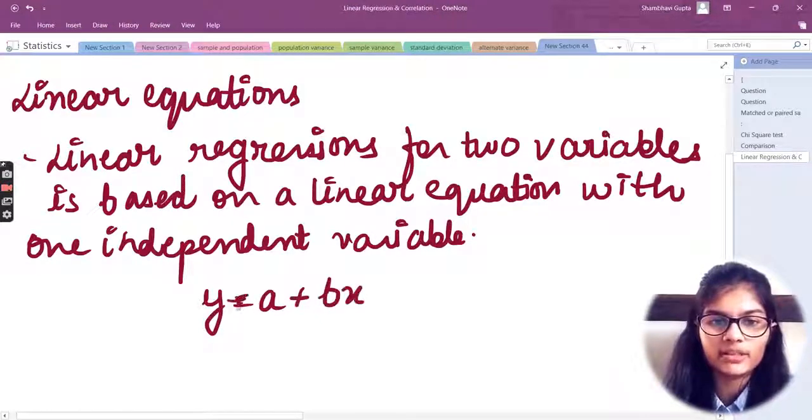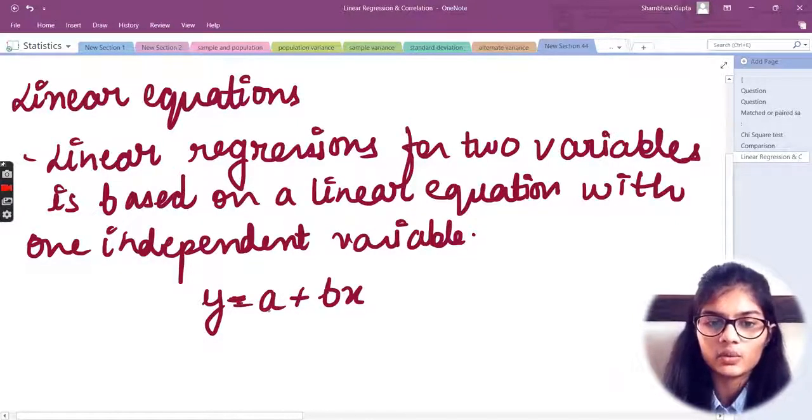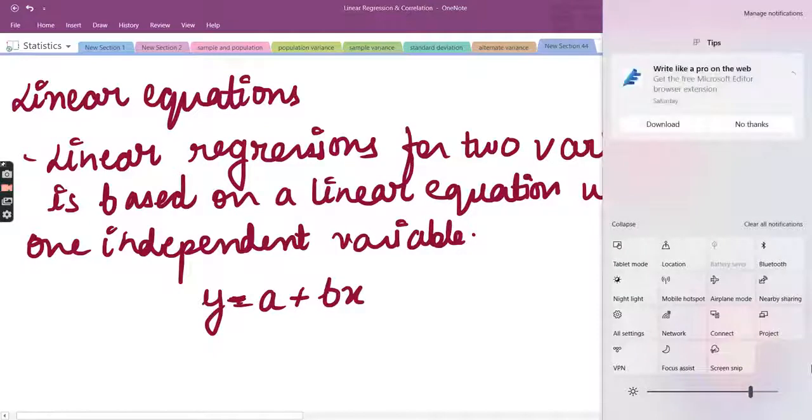Hopefully many of you are familiar with this form, because we studied these things in our earlier classes. So this is about linear equations, linear regression for two variables.